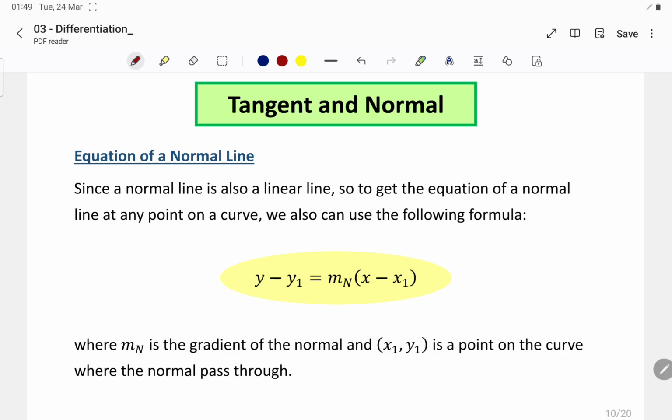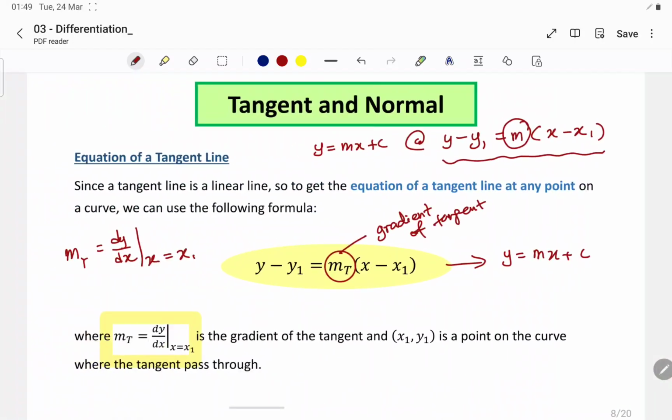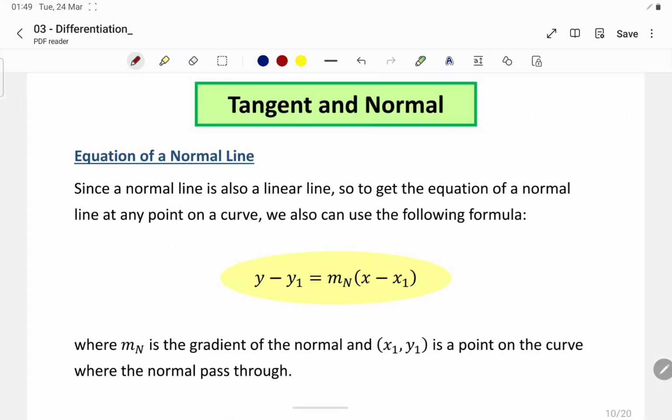It is almost similar to the tangent just now, where we have y minus y1 equal to mt multiplied by x minus x1. What you have to do is just replace mt with mn, and then you will get the answer.